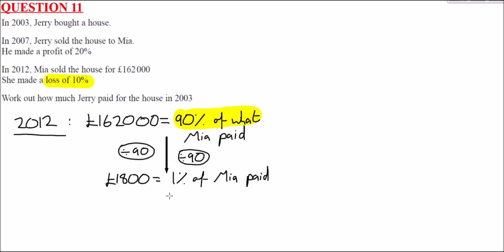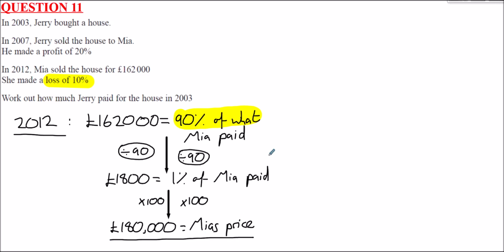And to go from 1% to 100%, we can simply just multiply by 100. So therefore, Mia must have paid £180,000 for her house. So £180,000 is Mia's price. So that's what she paid for it.